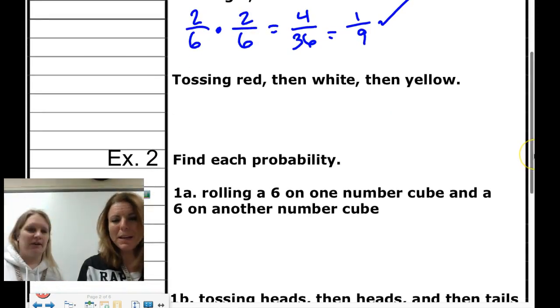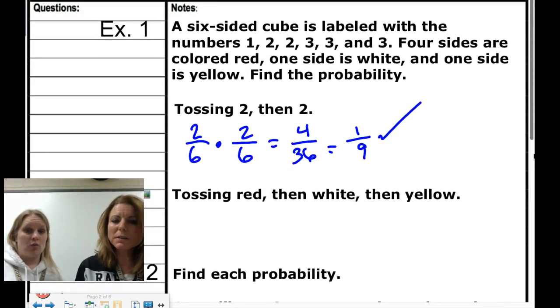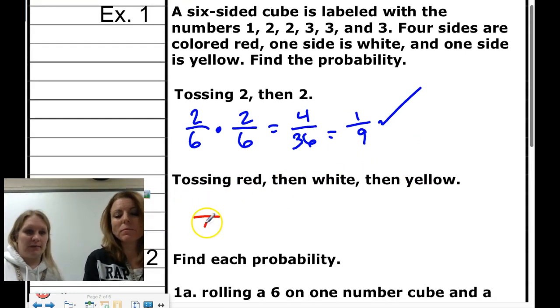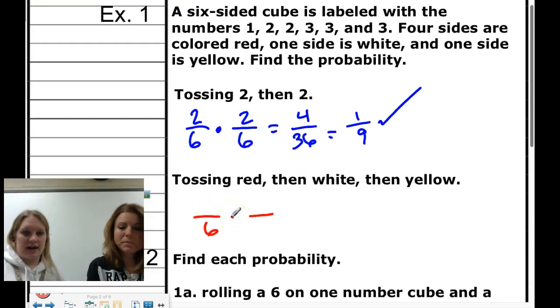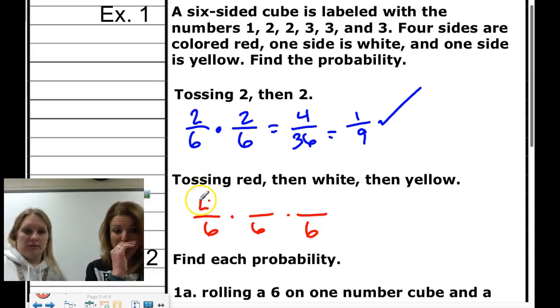Next, tossing a red, then a white, then a yellow. Let's go back up so we can see. Right away, I know I'm going to have 3 fractions, because there are 3 different events. We know they all have 6 sides, so I'll put the 6s right away. How many sides are red? 4.